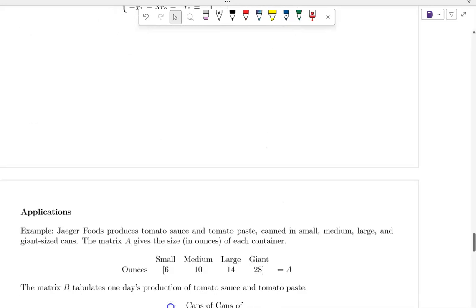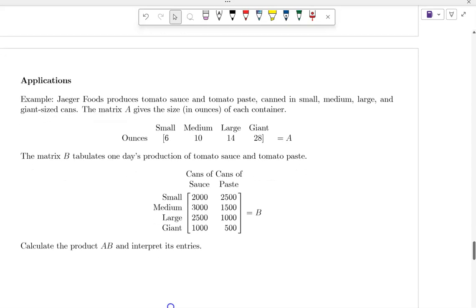All right, so let's briefly look at an application problem. I'll skip the next one because you all seem incredibly bored by it, so we'll do a different type of problem. We've got a food company that has 4 different sizes of tomato sauce and tomato paste. One table gives you the ounces for each of the cans.